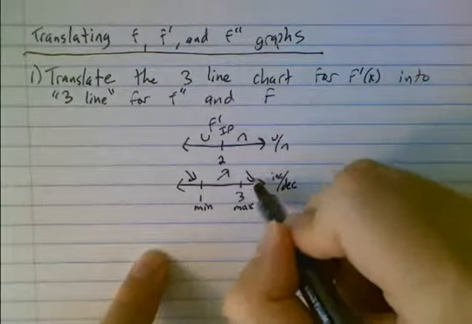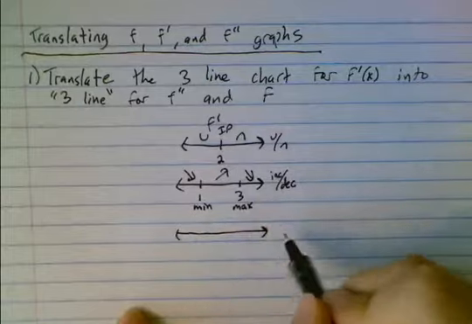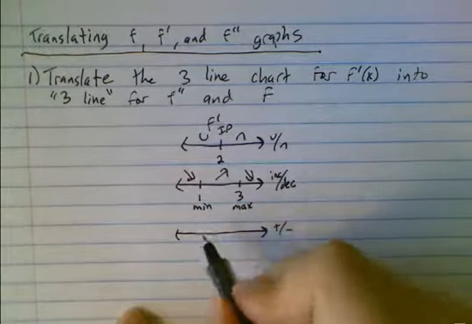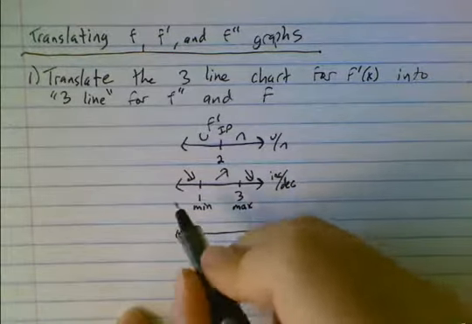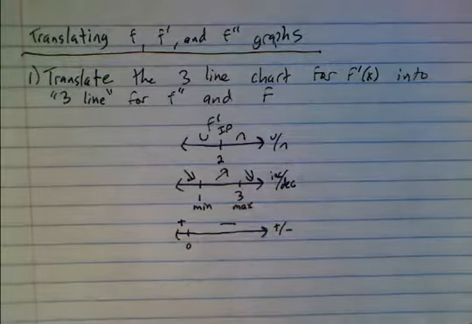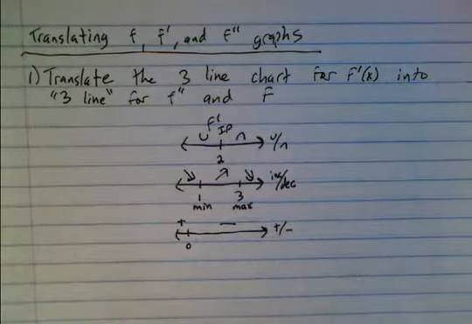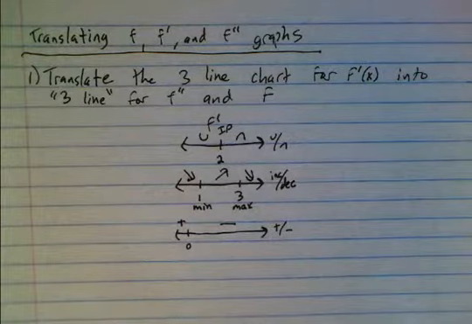Decreasing, increasing, decreasing. At 0, there is a 0, positive on this side, negative on that side. Now, again, remember, I'm giving this to you. There's no way that you could know that except for the fact that I've given it to you. But what we can do is we can go and we can translate this.